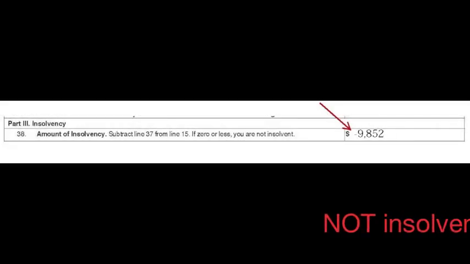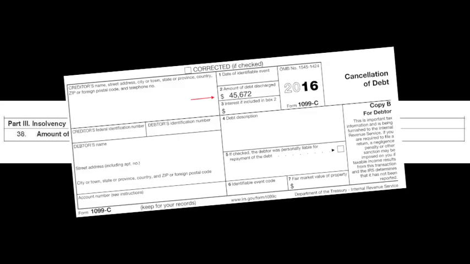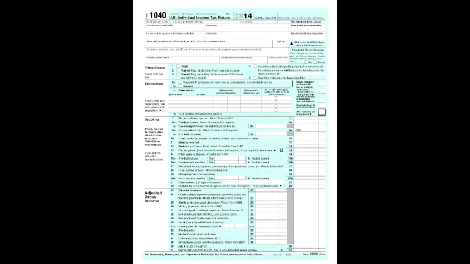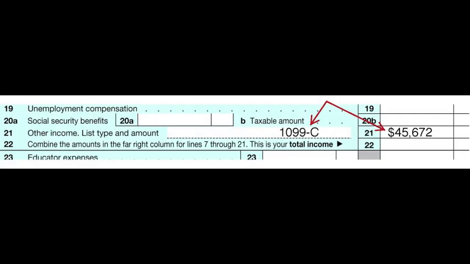Now, if this number is 0 or less, you are not insolvent, and you actually do have to report the entire amount that was put in box 2 of your 1099-C as other income on your 1040, and you do that on line 21. To the space provided on line 21 to the left of it, you need to write in 1099-C. This way the IRS knows what you're talking about and why it's there and that you have addressed it.